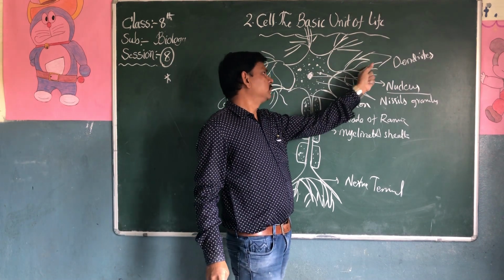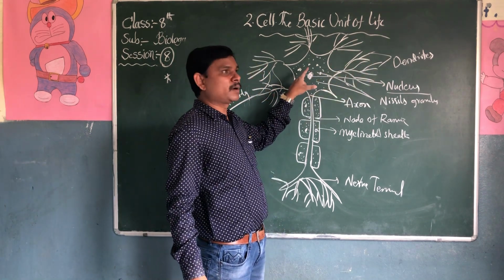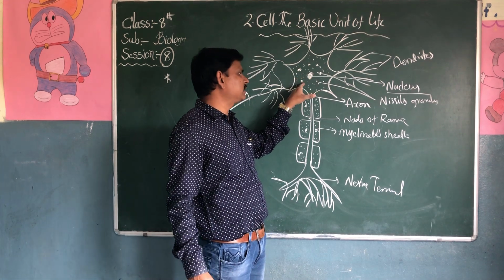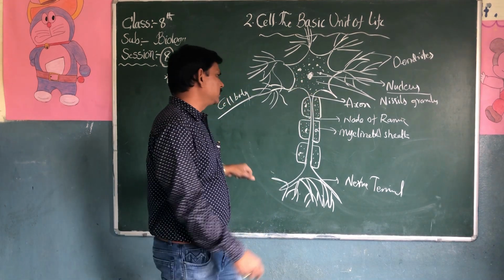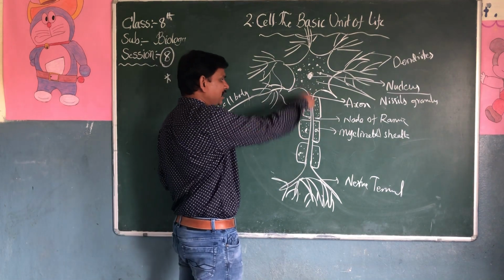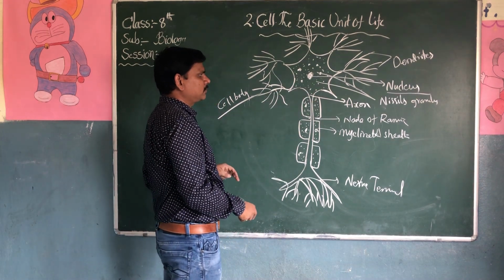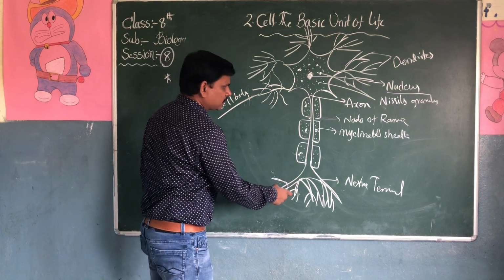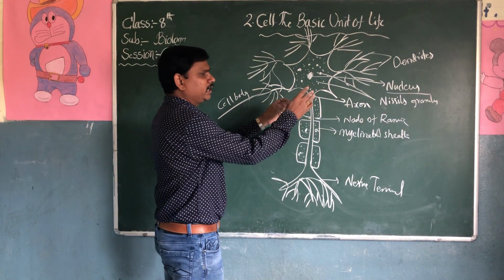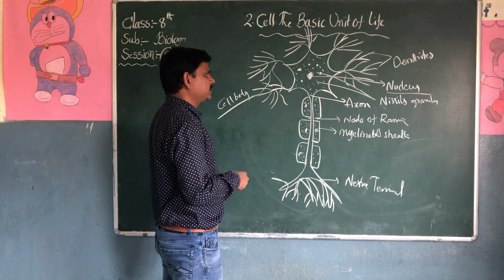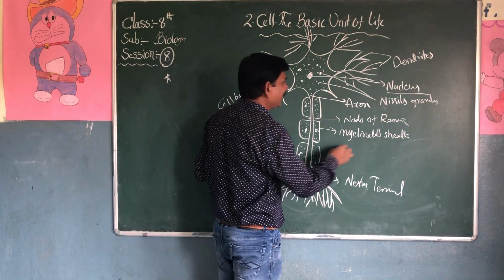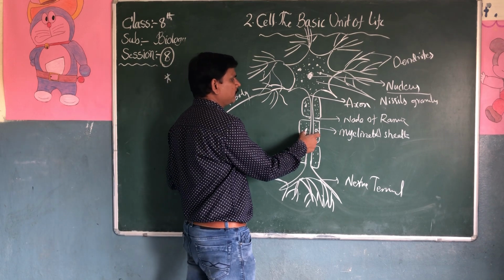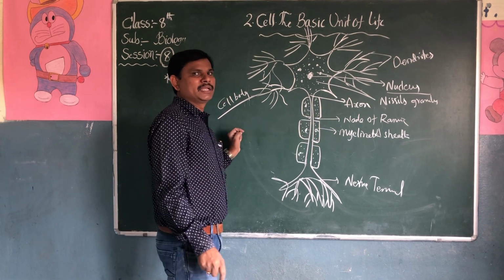Dendrites, cell body. In the cell body, nucleus is there. Small granules are there, they are Nissl's granules. Axon: this axon is a trunk-like structure, one nerve is connected to the other nerves, one dendrite is connected to other dendrites. On the axon, myelin sheath is there. There is a gap between one myelin sheath and the next.